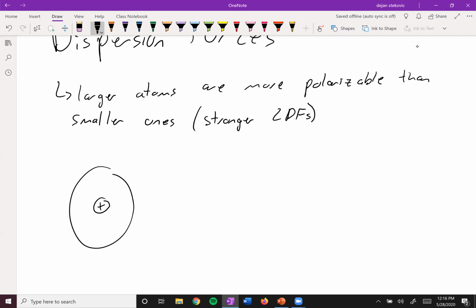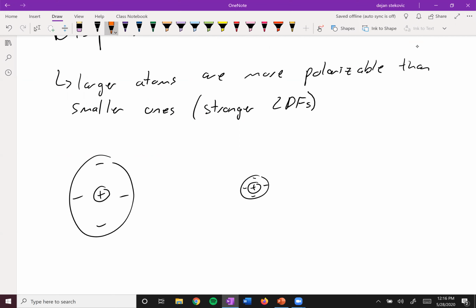So we have this big atom here with its electrons, and then we have this much smaller atom with its electrons. Let's see why one is more polarizable than the other. Think about what's keeping the electrons on this atom. It's that positively charged nucleus.